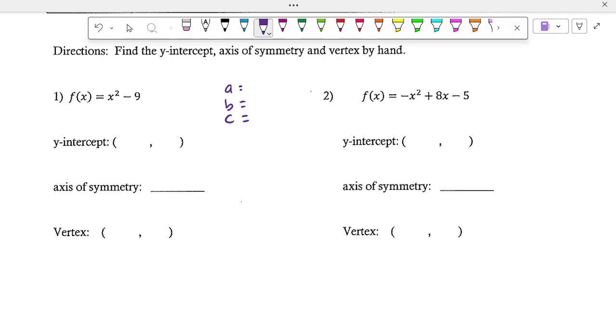What would my a value be, Tucker? 1. Good. What would b be, Sailor? Not quite. Negative 9 is actually the c. So 0 would be the b. Why is that?